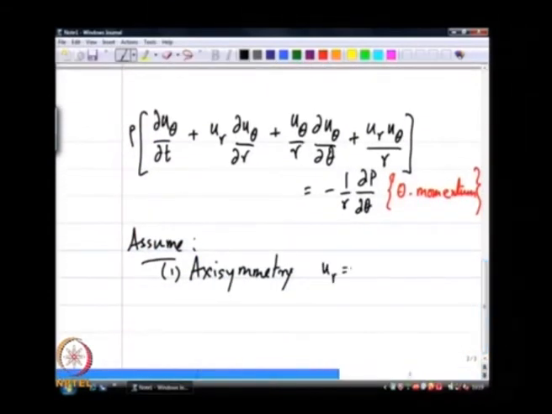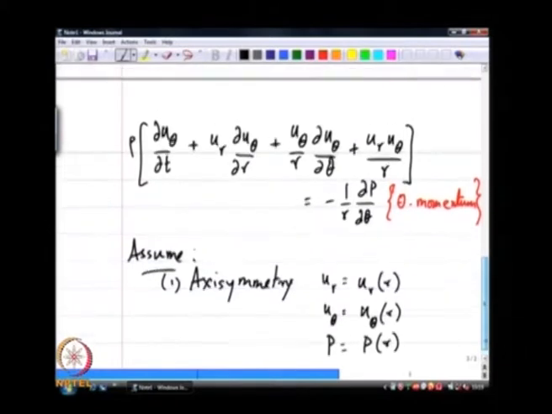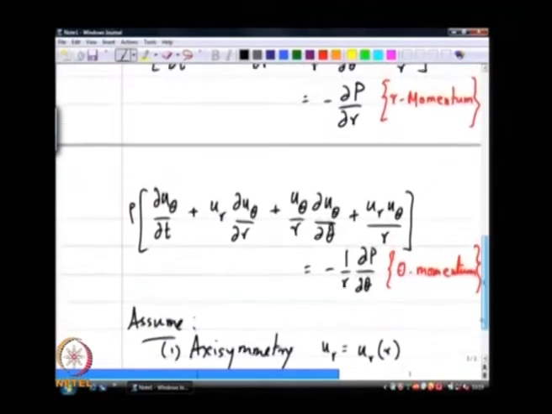Let us say u r is only a function of r, u theta is only a function of r. I will use the same symbols as there. P of r.